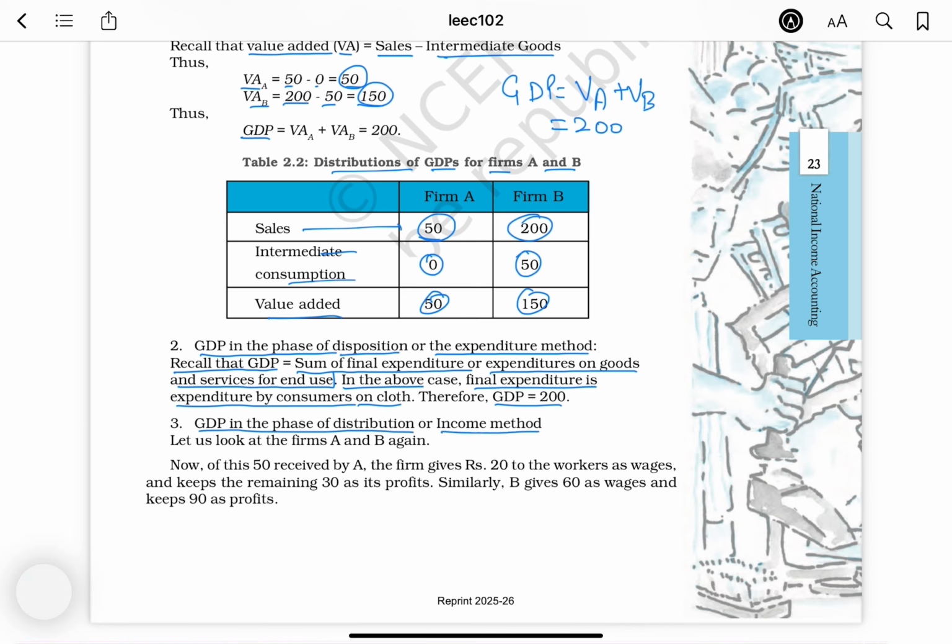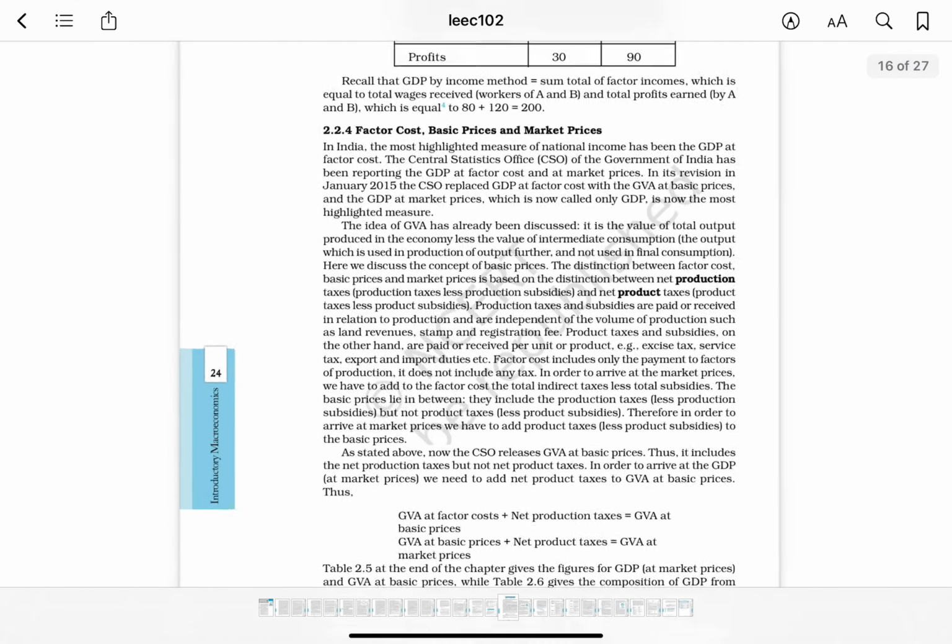GDP in the phase of distribution, or the income method. Let us look at the firms A and B again. Now, of the 50 received by A, the firm gives rupees 20 to the workers as wages and keeps the remaining 30 as its profits. Similarly, B gives 60 as wages and keeps 90 as profit.